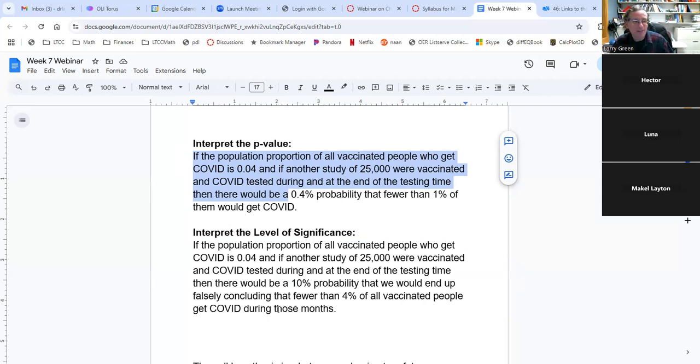Okay, that last bit will be different. So then there would be a 10% probability, because that is our level of significance, that we would end up falsely concluding that fewer than 4% of all, not just our survey, but of all vaccinated people get COVID during those months.